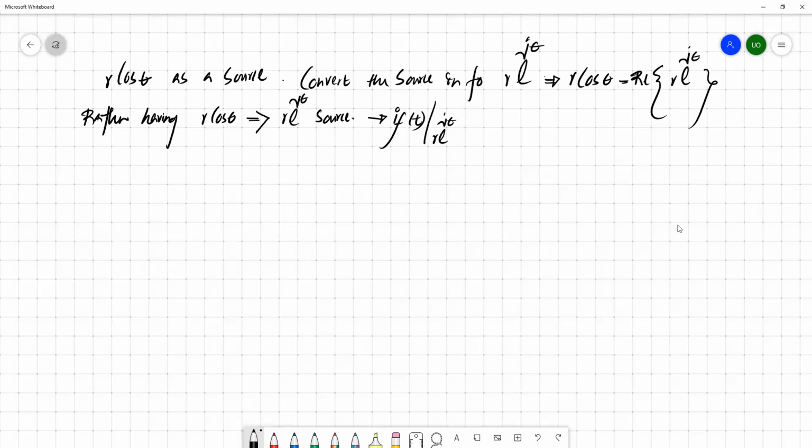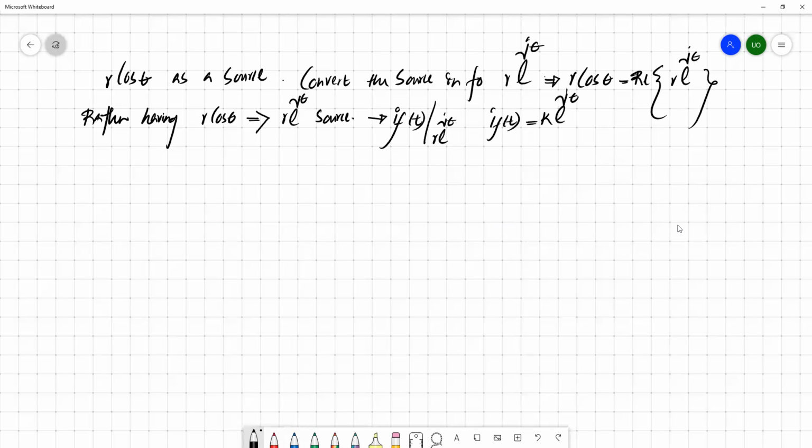So then we can replace the sinusoidal excitation with its corresponding complex exponential source and do the calculation for the complex exponential source. Here we found that the trial solution would be k times e to the power j theta.